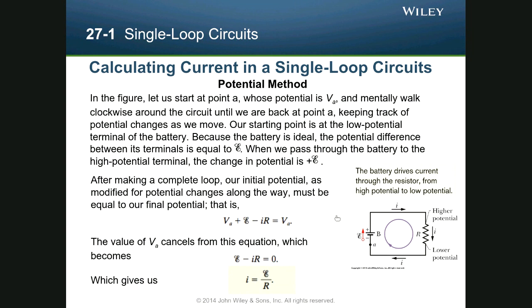So basically, we pick a point and start anywhere on a circuit. And circuits can get pretty complicated. Right now, we've only looked at single loop circuits, so it's kind of trivial. But you pick a point, and you assume it has any voltage. So you call it V at point A. All right, and it's just a number. It's whatever it is.